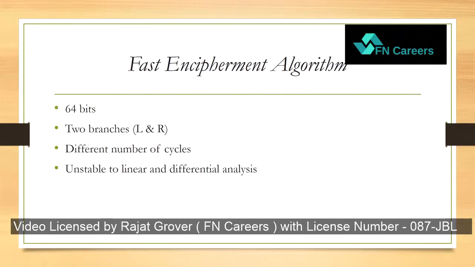It was established in Japan in 1989, patented in many countries, and realizes 64 bits, 2 branches, left and right, with different numbers of cycles. It is characterized by the simplicity of its function compared to the other algorithms, and is unstable to linear and differential analysis.